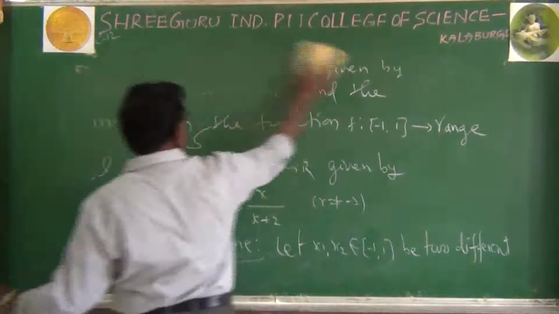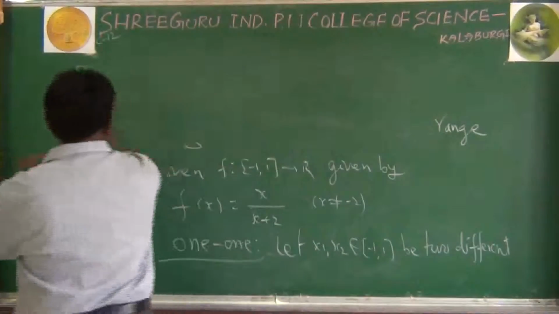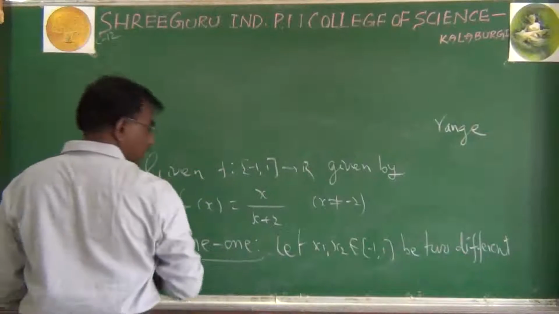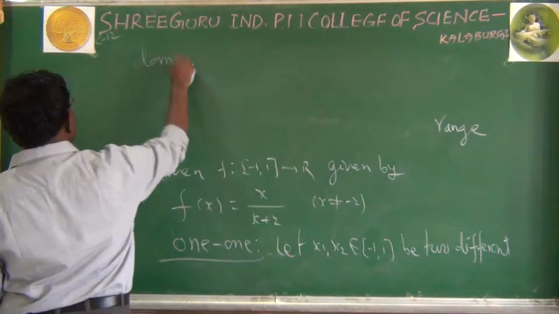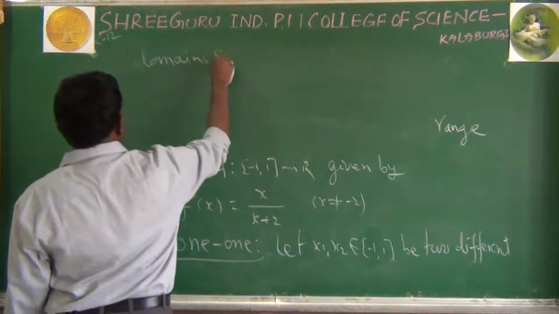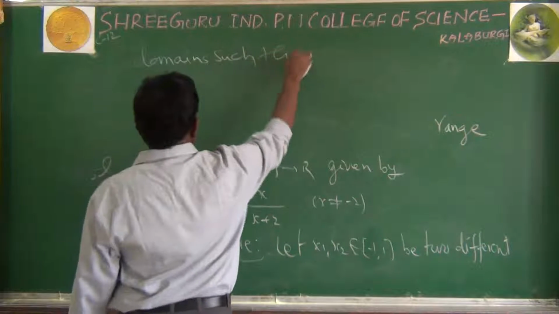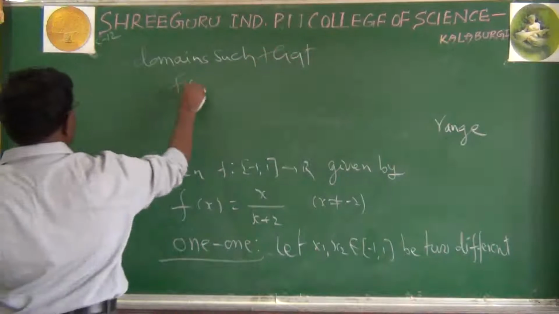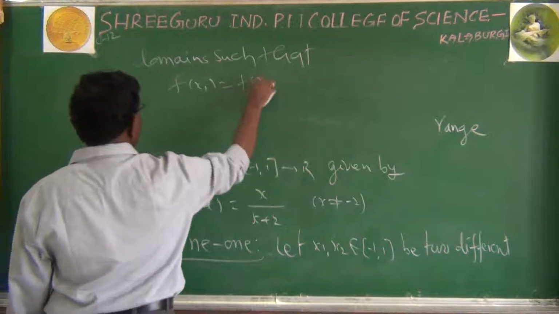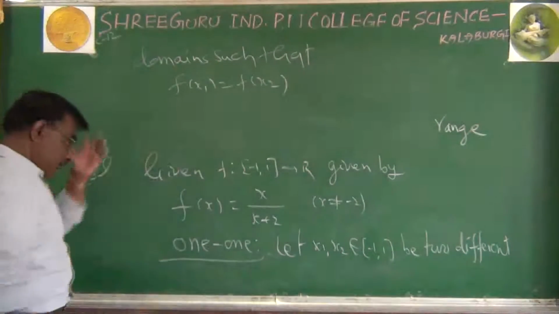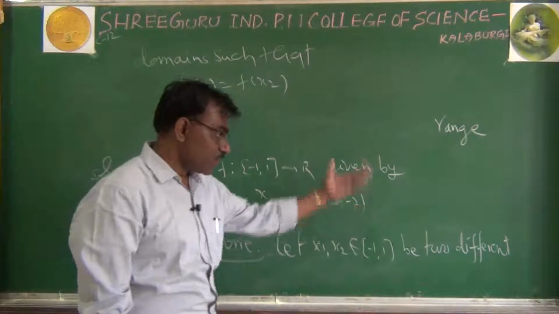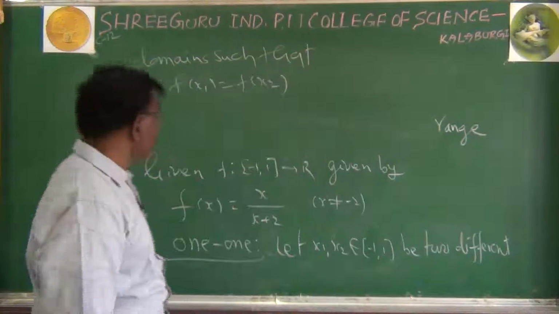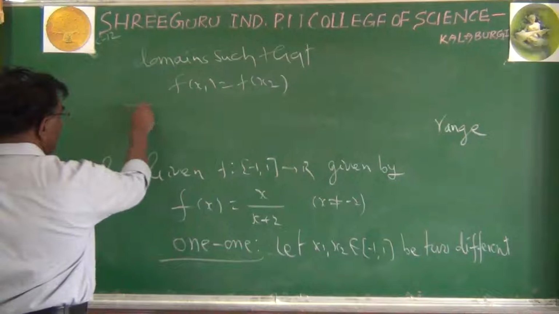Let x1, x2 belong to minus 1 to plus 1 be two different elements of the domain such that f of x1 equal to f of x2.